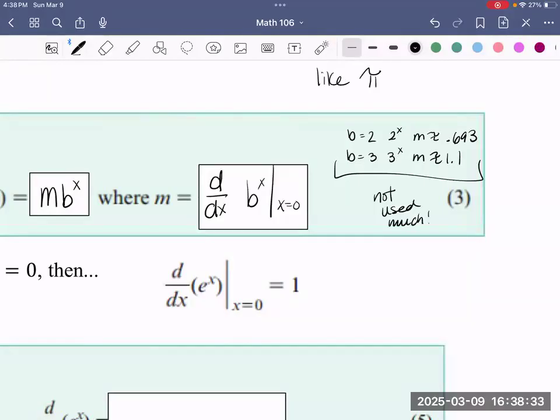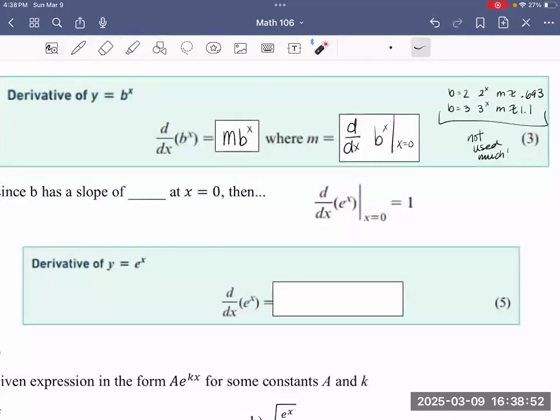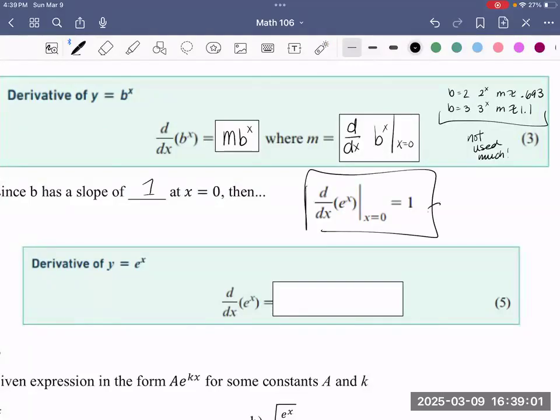What we're interested in is that one special piece where e to the x has a slope exactly equal to 1. So if your slope is 1 and it's your exponential function e, the derivative of e itself, your m piece from before, is equal to 1.